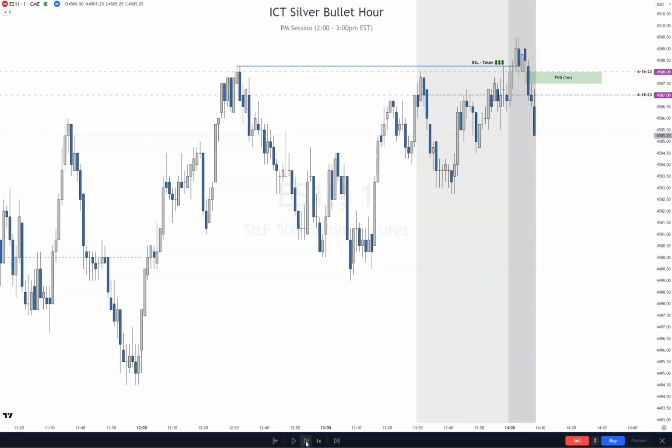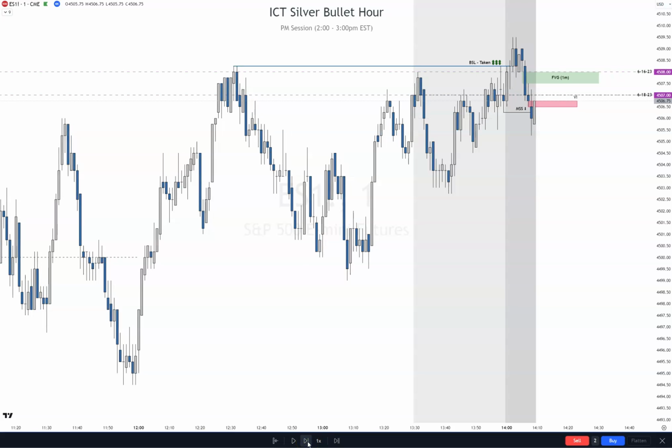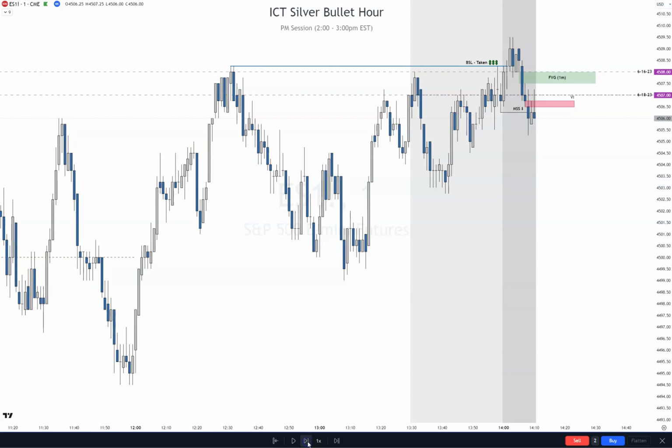If we break structure, that'd be a good one right there. Market structure shift to the downside. We have a volume imbalance right here. It keeps respecting that volume imbalance. I'm going to take a trade on the volume imbalance because this might be a breakaway gap.